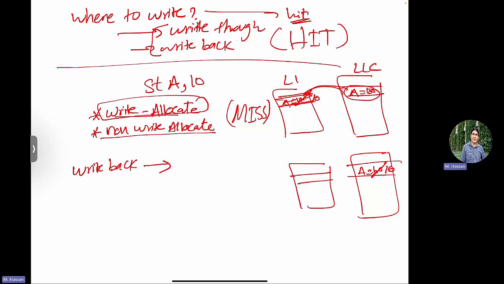should it be more of write allocate or non-write allocate? Do you think write back, for example, will work with write allocate or non-write allocate, based on what we explained about write back and these both techniques? What do you think? Should I have a write back cache with write allocate, or should I have a write back cache with non-write allocate?